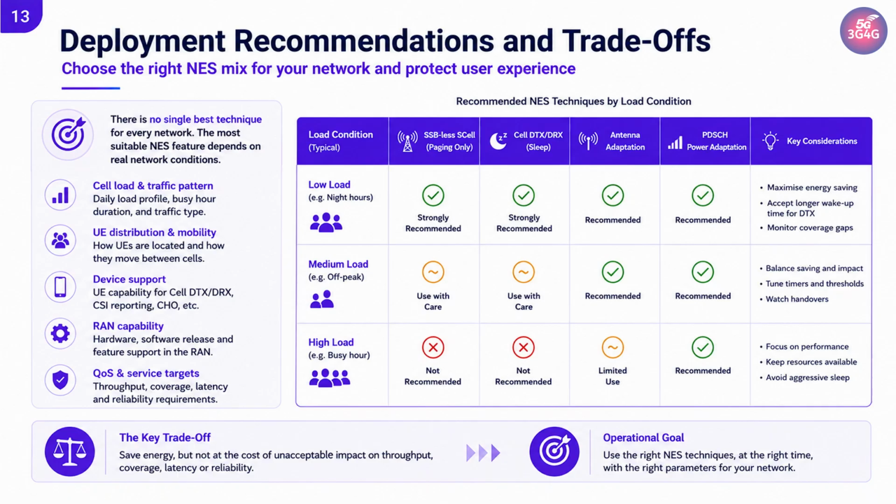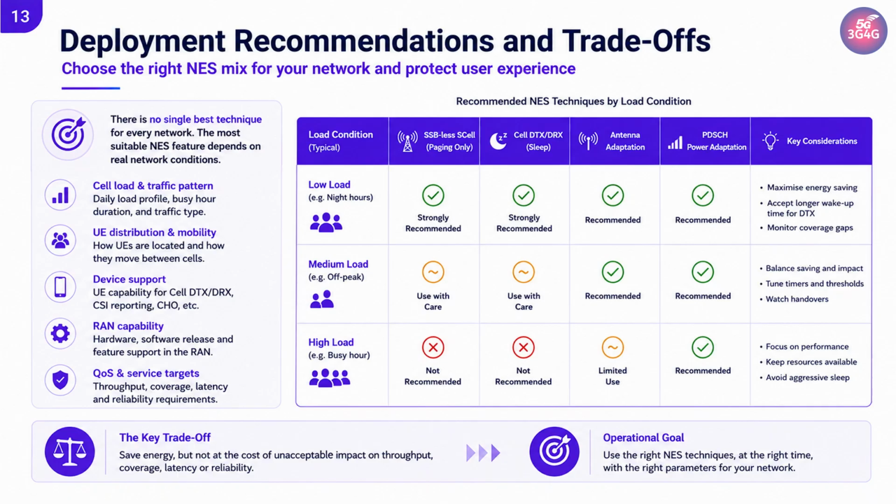The most suitable technique depends on several factors. These include actual cell load, UE distribution, traffic type, QoS targets, device support, and the deployed RAN hardware and software. For example, if the hardware cannot switch off certain RF chains efficiently, antenna adaptation may not deliver the expected savings.